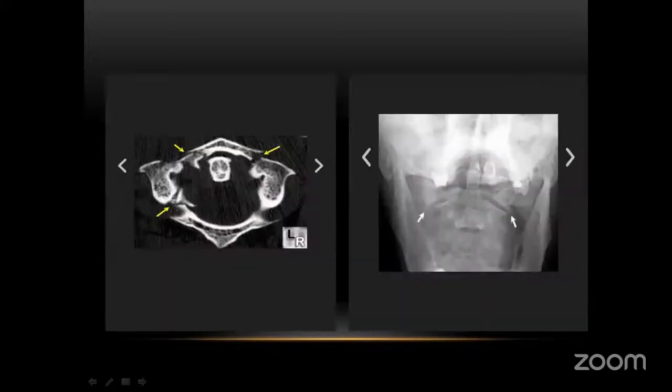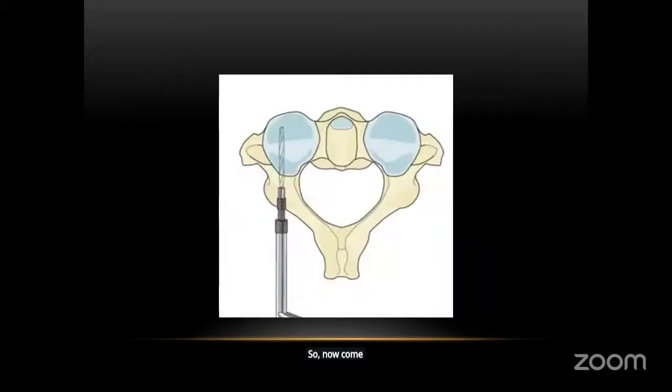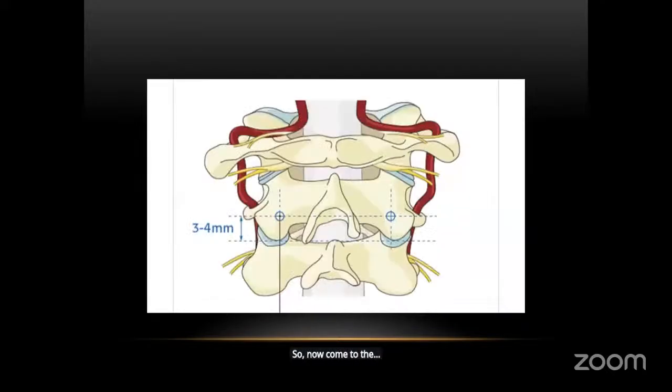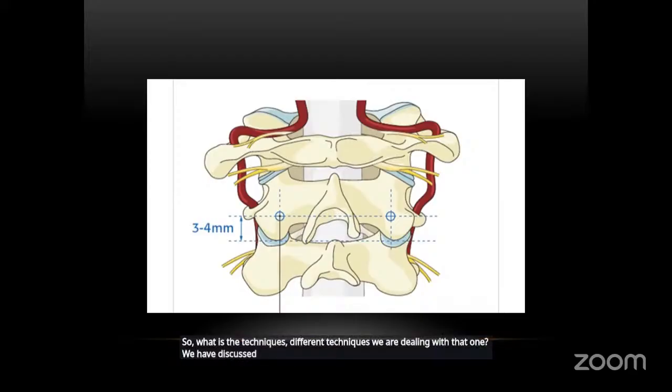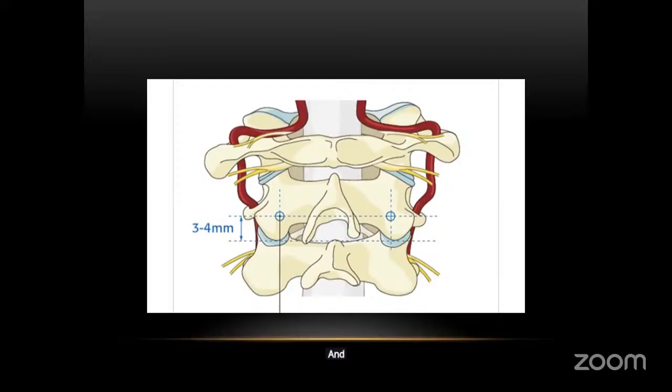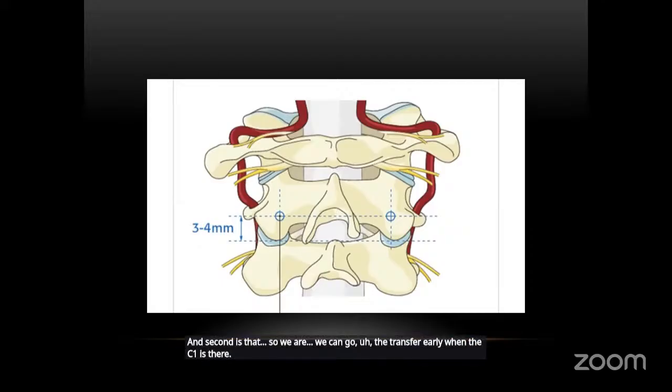So now come to the different techniques we are dealing with. We have discussed the standard one, that is C1 C2 fusion, and second we can go transorally when C1 is there. For odontoid fractures, an odontoid compression screw we can apply.